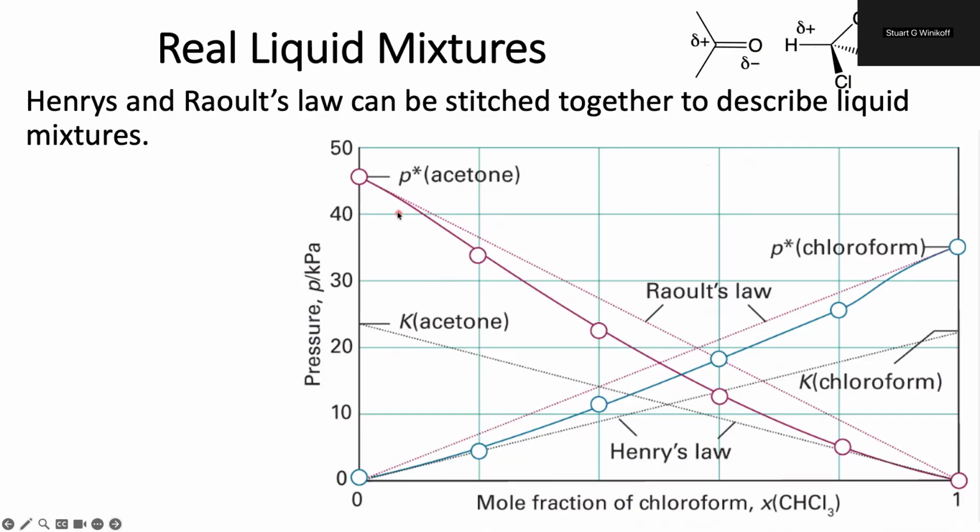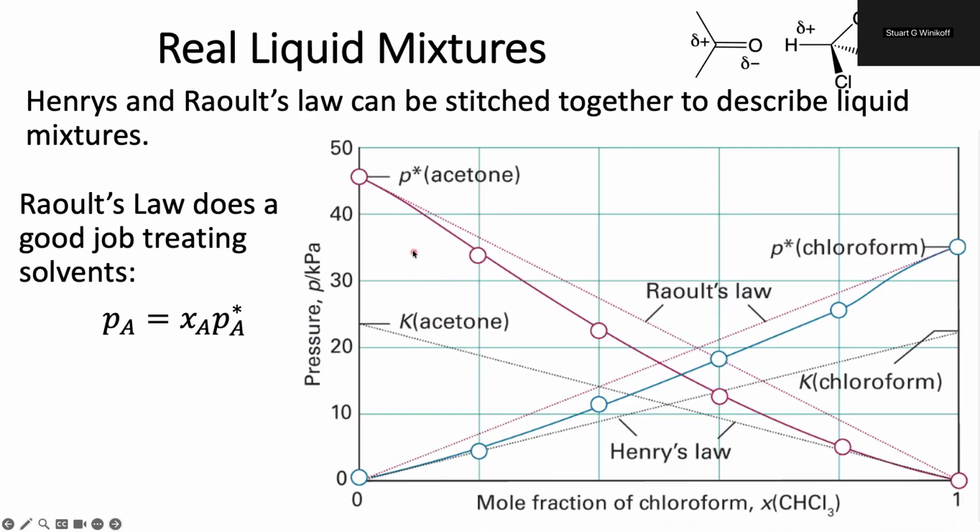And you'll notice that in both cases, for mole fractions above about 0.9, chloroform obeys Raoult's law pretty well. But below that, it deviates significantly. Similarly, for acetone, for mole fractions of acetone above about 0.9, 0.95, it also obeys Raoult's law pretty well, but it deviates significantly as a solute.